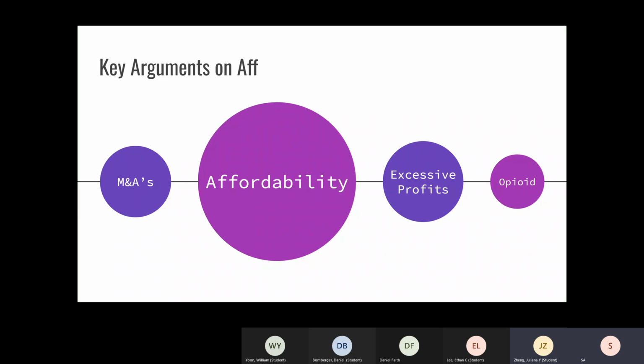Yeah. Okay, so basically on neg, I'm sure everyone is going to run innovation because it's just the best argument on neg. Innovation is like, hey, if profits go down, innovation goes down too. Okay, and then on AF, if they're running things like mergers and acquisitions and the opioid crisis or lobbying, what that stems from really is these companies have a lot of money, which is why they can heavily market to doctors, causing the opioid crisis, or which is why they can use this huge amount of money to buy an entire other company, right?